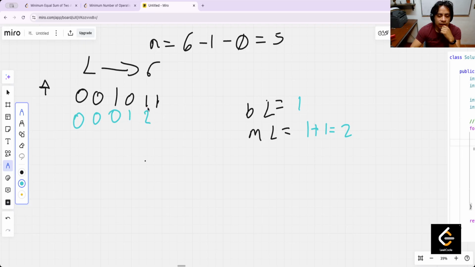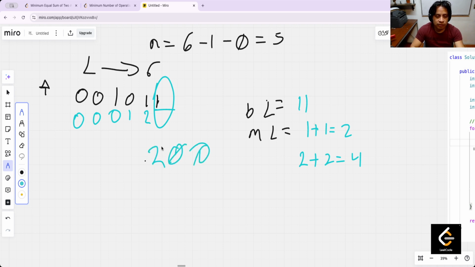Now here, this is updated by 2, and now it's 2 plus 2, it's equal 4. Okay, we are saying that in this moment here in this cell, I know that I have 2 balls, and the number of moves that I need to reach this position is equal 4.